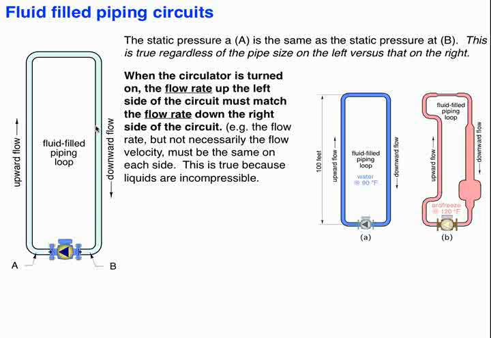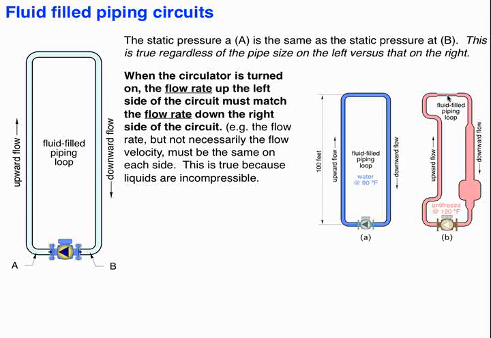All right? And this is true regardless of what the pipe sizes are. So over here on the right, I've purposely drawn kind of a wacky circuit that has all different kinds of pipe sizes in it. But the same principle holds true. If we had 10 gallons per minute moving up the left side, we have to have 10 gallons per minute moving down the right side. Now, granted, it's going to move at different velocities when it goes through.